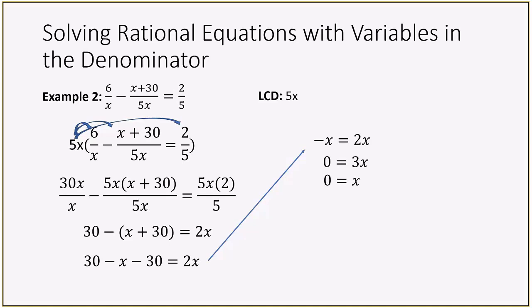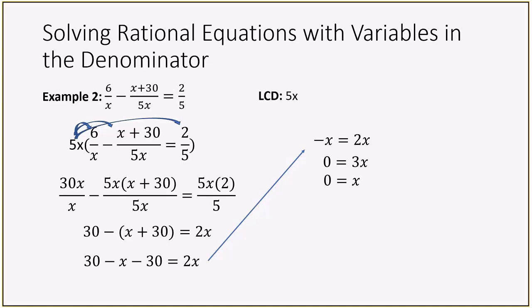Now, I need to check my answer, but there's a clever way I can check my answer when I'm dealing with these fractions. And that clever way is to really see, does that value make it so any of my denominators are 0? Because that's the only thing I'm really concerned about with these rational expressions, is I'm not allowed to ever divide by 0.